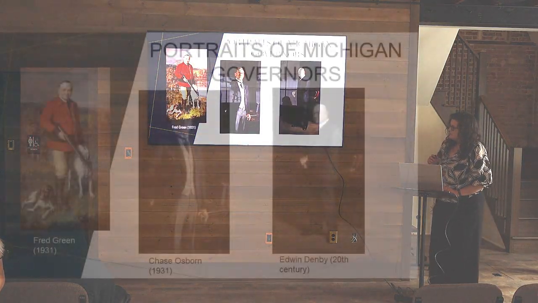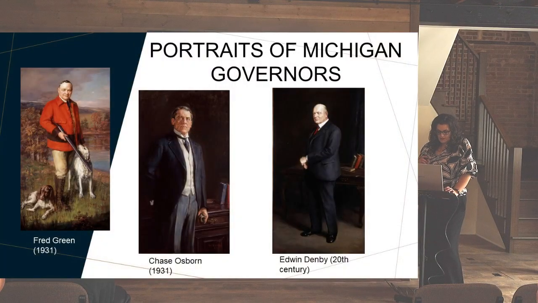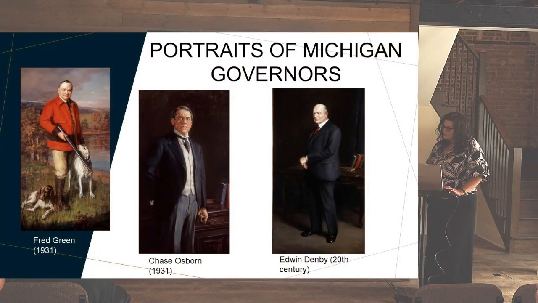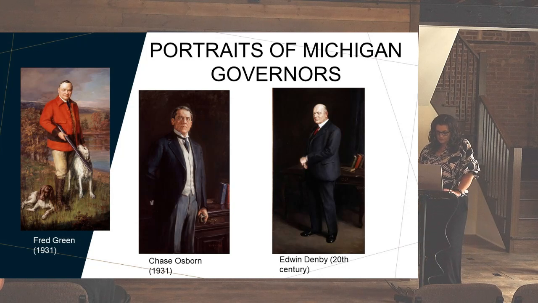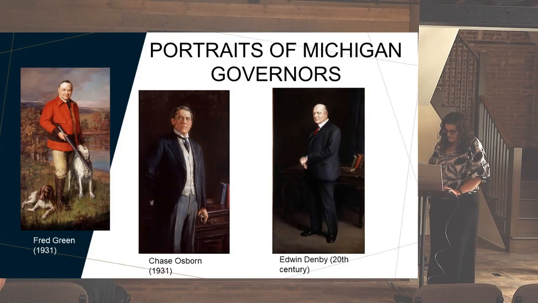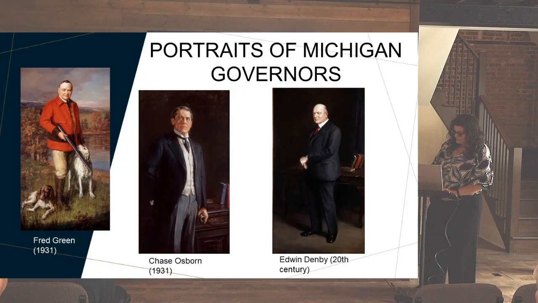He also did some governors of Michigan. The one to the left is of Fred Green, painted in 1931. In creating this piece, Grafton pulled from his earlier landscape styles as well as current artistic trends. The muted pastel colors in the sky, the rich warm tones of the leaves, and the shades of green in the foreground are similar to American landscapes like those of the Hudson River School.